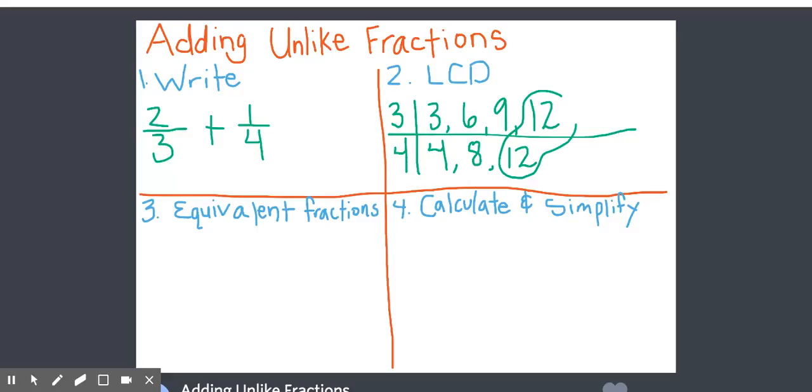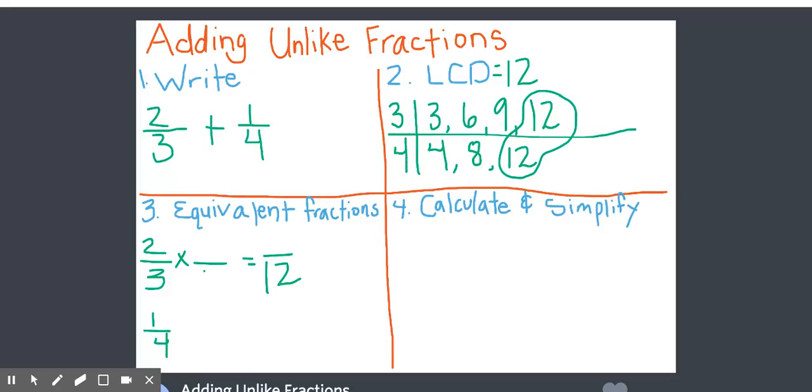So now that I have my LCD of 12, I know in step 3 that I have to create equivalent fractions. So I start with my 2/3 and my 1/4, and I have to figure out what I can multiply that 3 by that's going to give me 12.